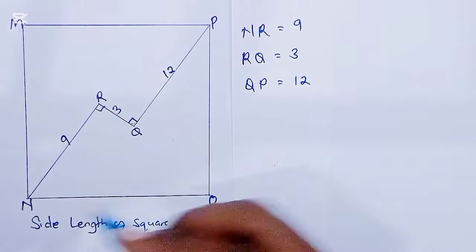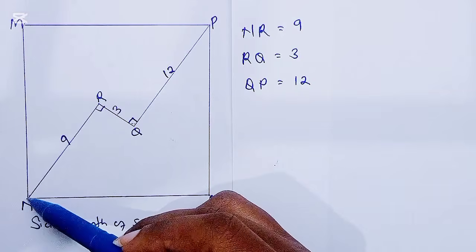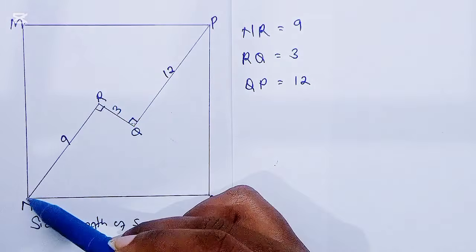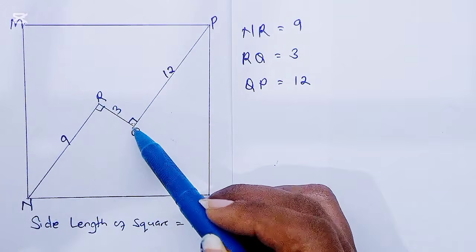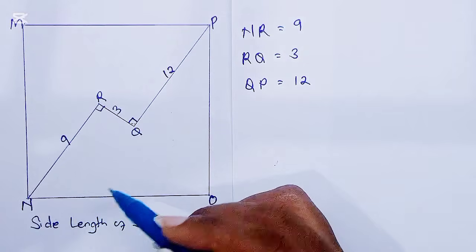Next thing to do is let us extend or draw a line from point N up to a certain point S such that that line NS is parallel to the line NQ and they are equal. Our target is to come up with a rectangle.